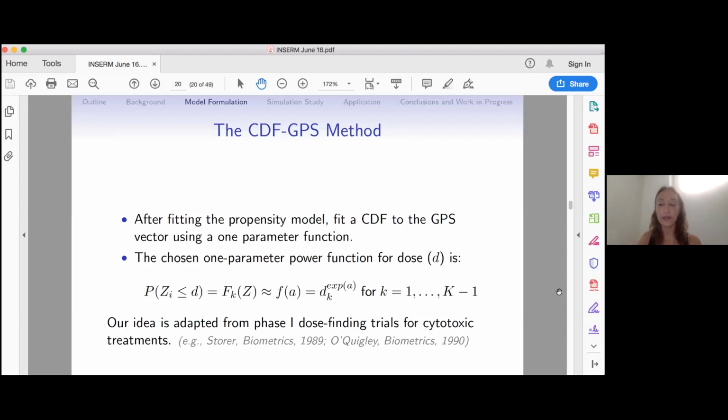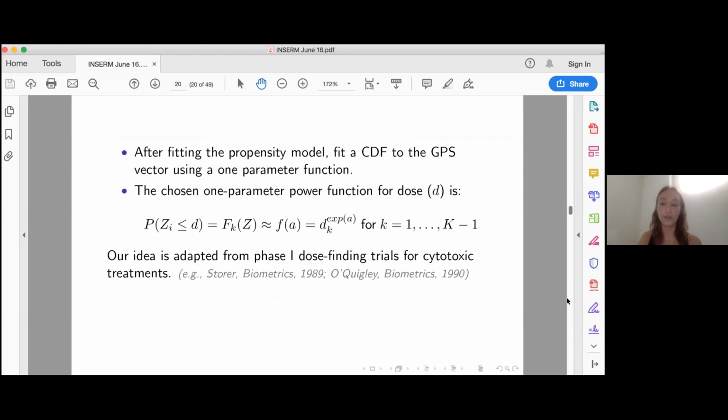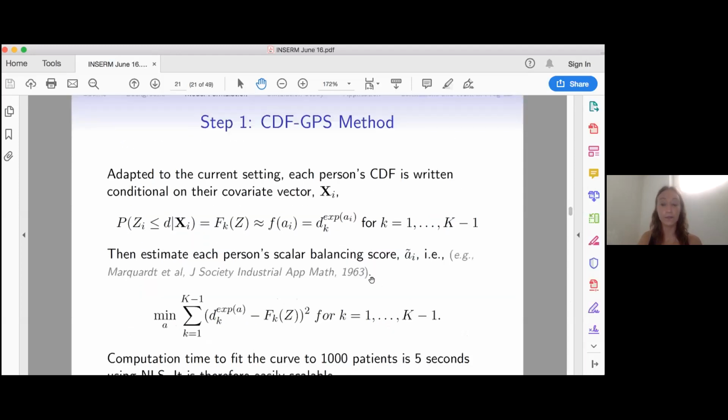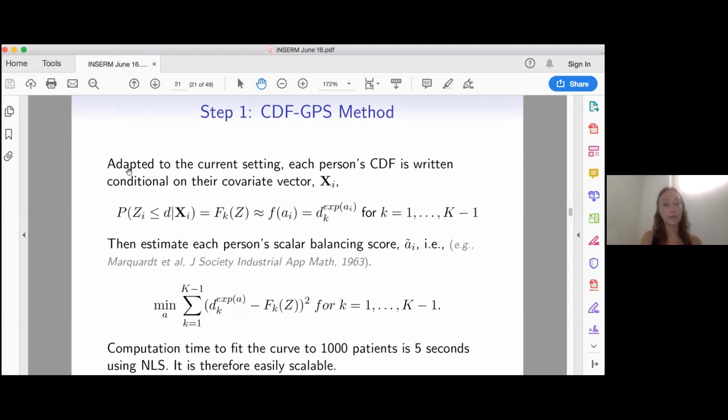On the next slide, I'm going to adapt this to our case, which is a propensity score model. So adapted to the current setting, each person's CDF, conditional on their covariate vector, all their confounders, is now written like this. And then my function is a function of A_i, i for individual.